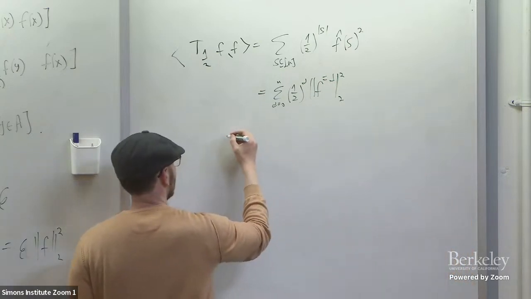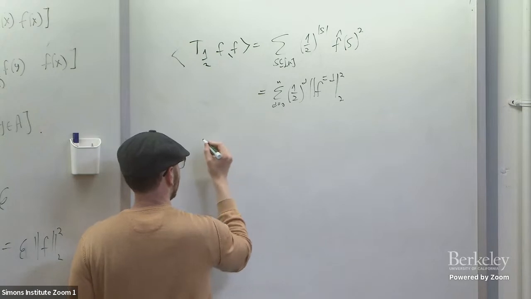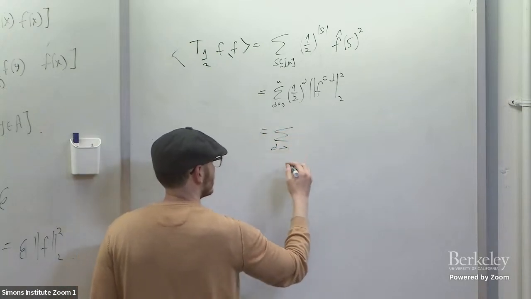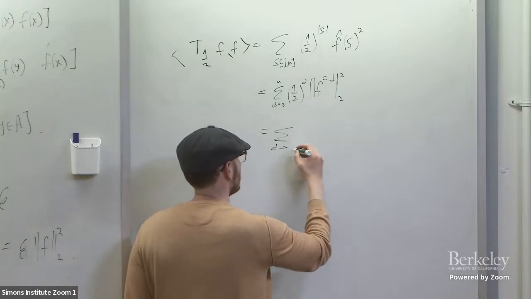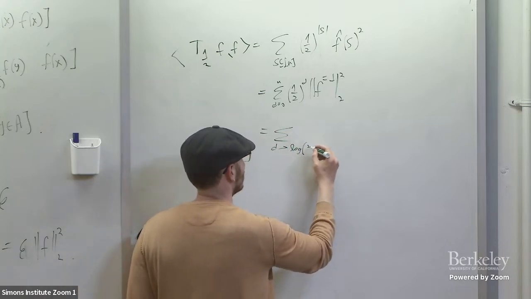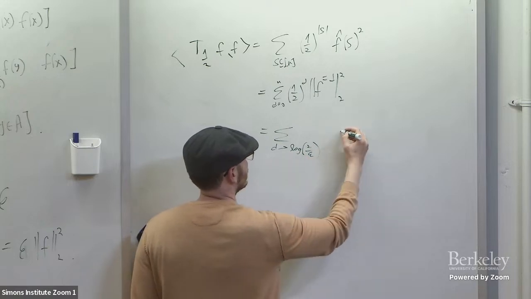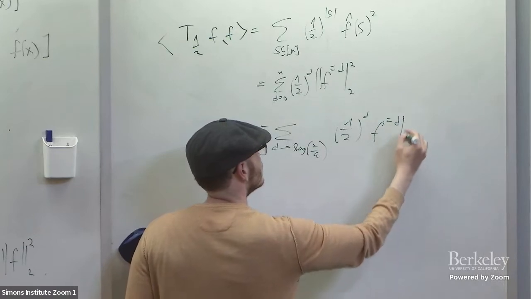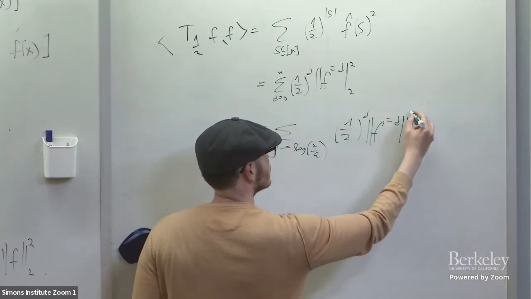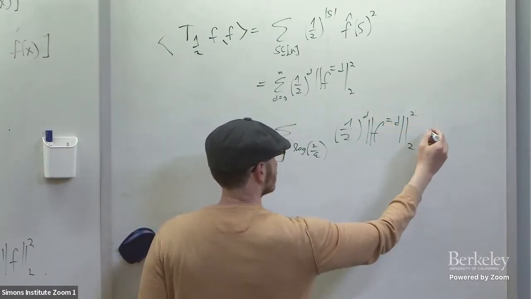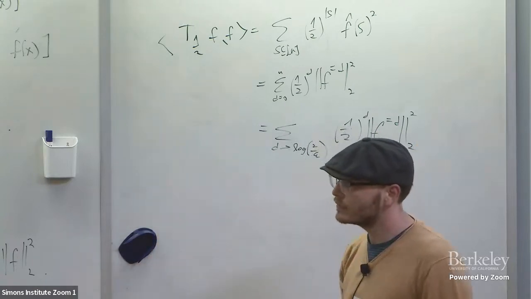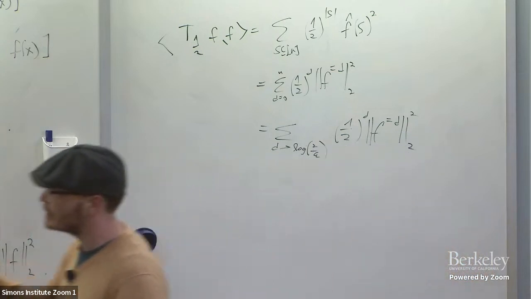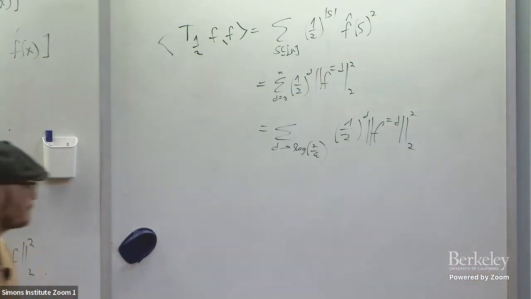And then we can divide it into two sums. We have the sum over d which is at least log 2 over epsilon of half to the d. It's going to be epsilon because I want to show the probability is at most epsilon.